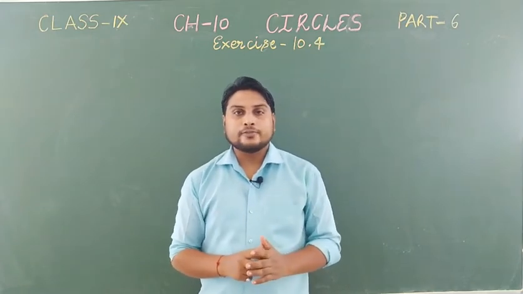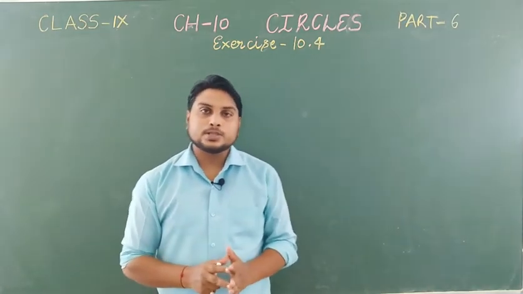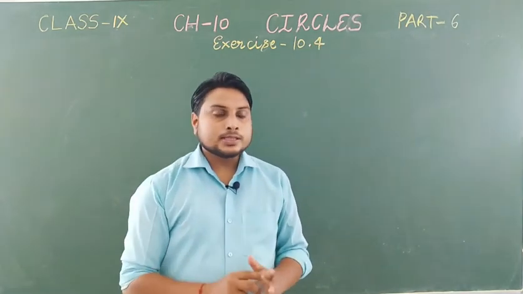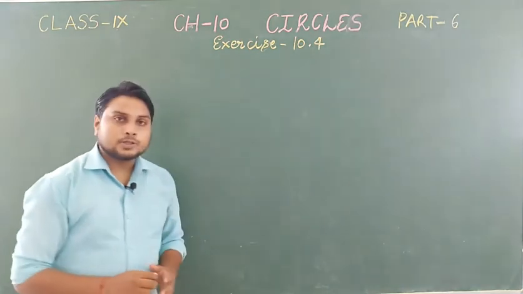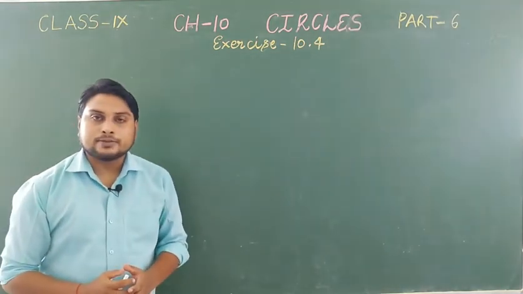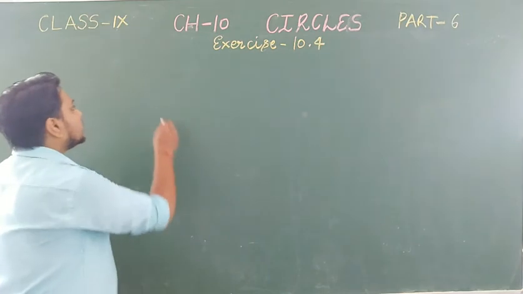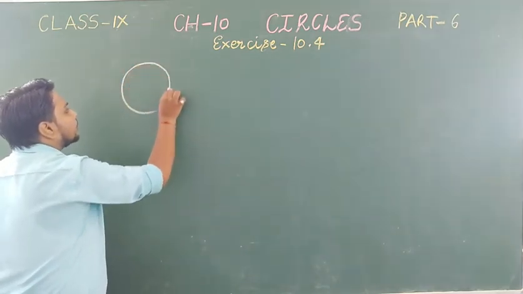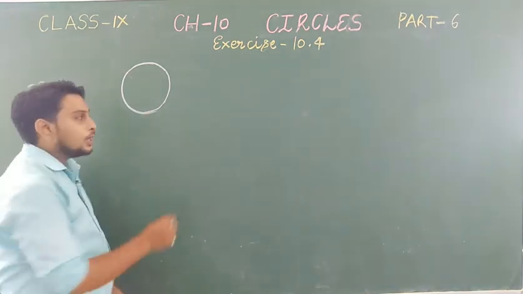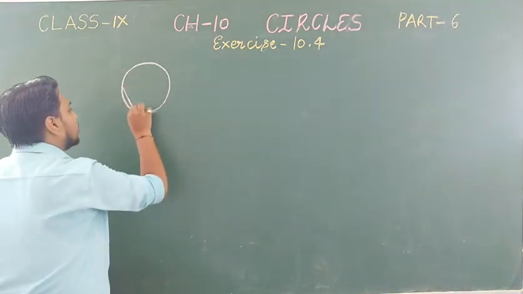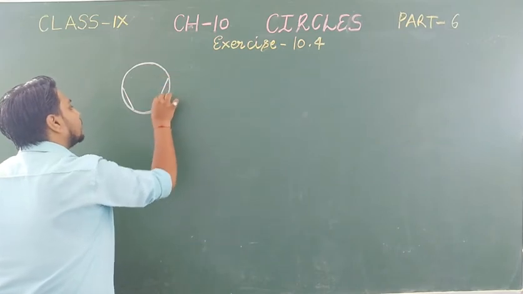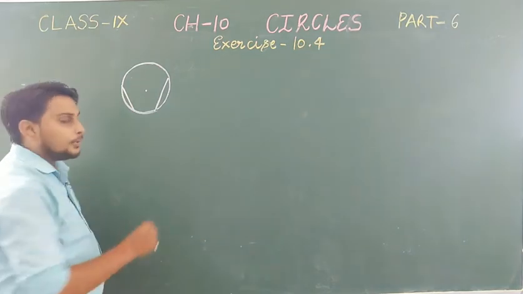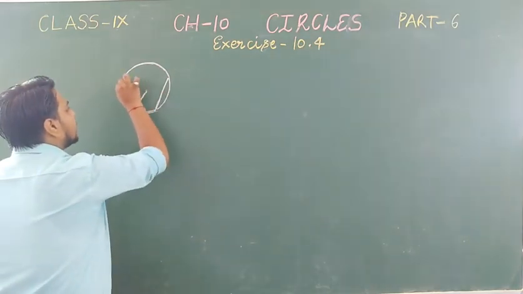Students, till now we have covered a total of 6 theorems and 3 exercises. Let me tell you what the 6 results are that we have studied. The first result: if there is a circle and 2 equal chords, then equal chords subtend equal angles at the center.